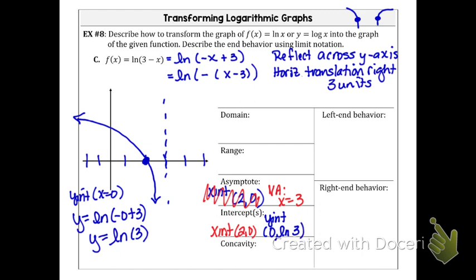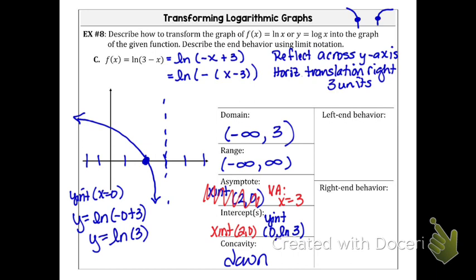I can see the concavity is concave down. My range keeps going down, keeps going up. Now my domain, it keeps going to the left, so it's going to go to negative infinity, and it goes into the right where that vertical asymptote is at 3, not included.